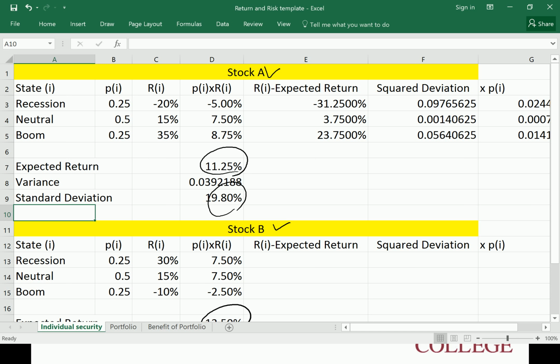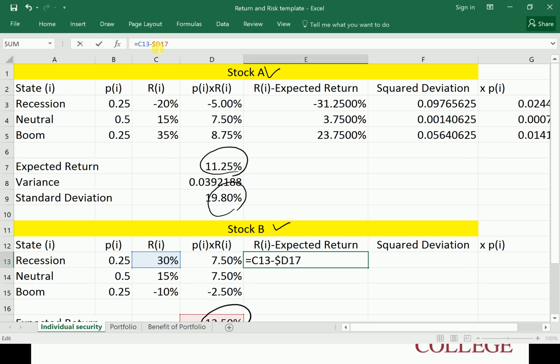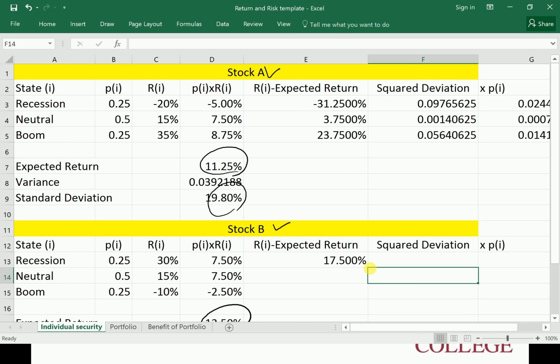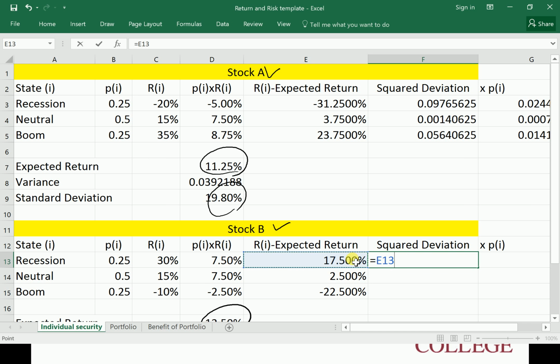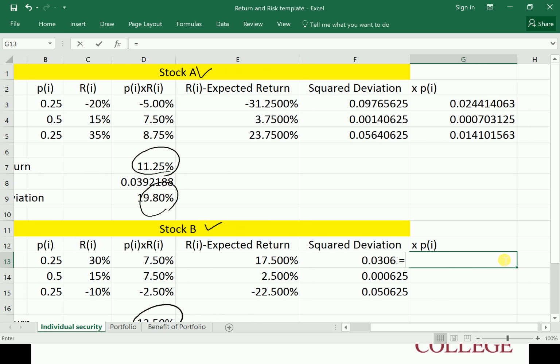For B, the same way again. You take the deviation of each return from the expected return. So let's fix it, D17, and copy. And copy everything. And then you square the deviation, and copy. And times probability.